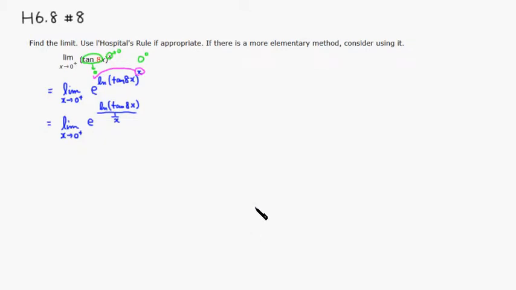Since the exponential function is continuous, we can squeeze this limit inside the exponential function. So we have e to the limit as x approaches 0 from the positive side of natural log of tangent of 8x over 1 over x.